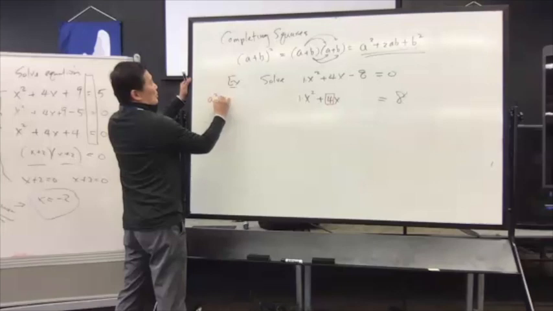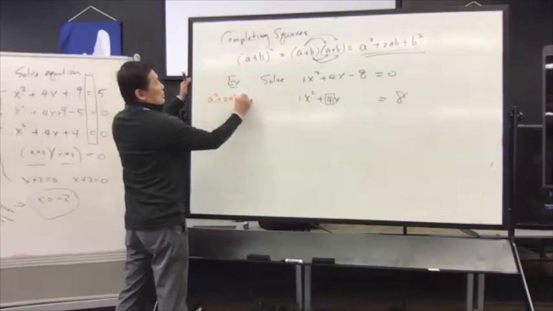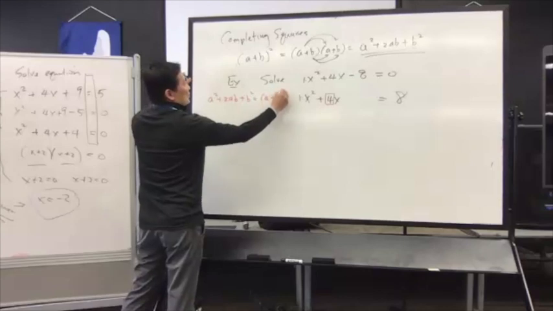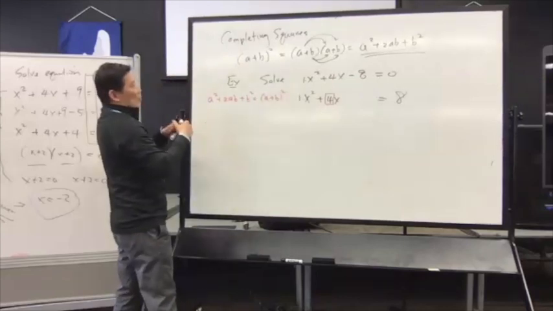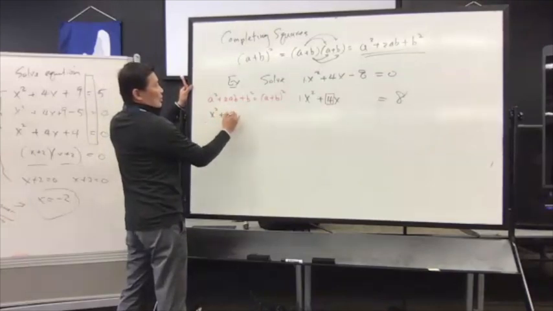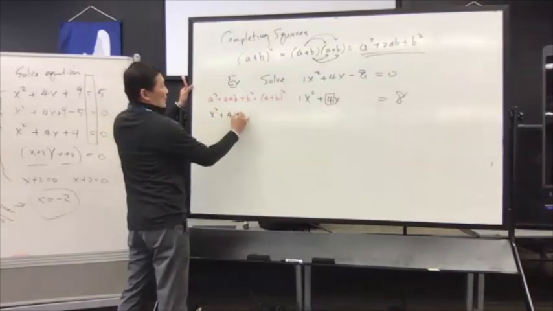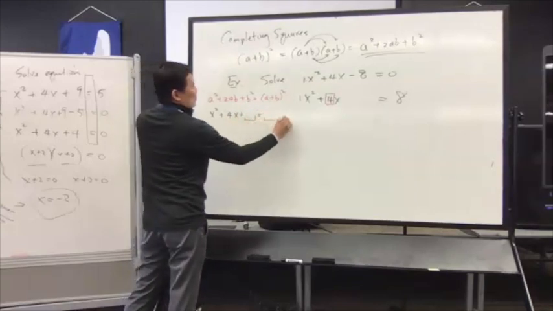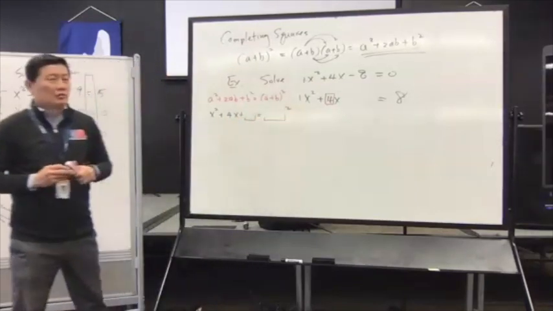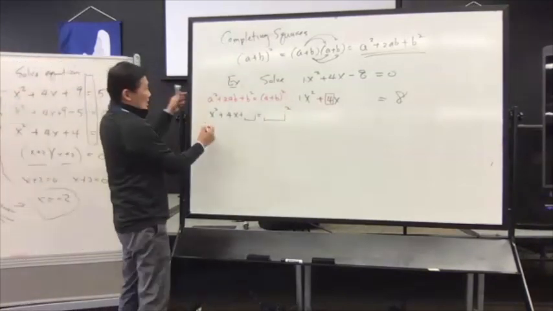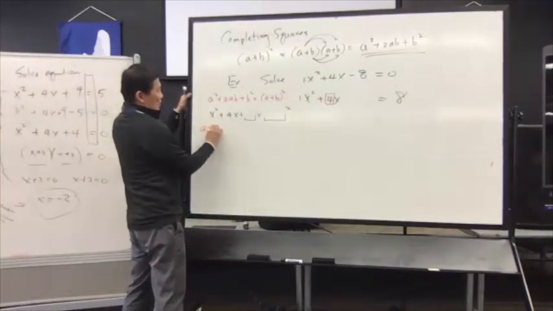a squared plus 2ab plus b squared is equal to a plus b squared. Now what I have right now is x squared plus 4x plus unknown equal to something squared we don't know. So I notice that my a must be x.